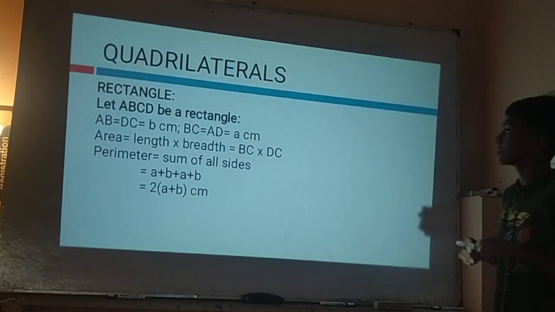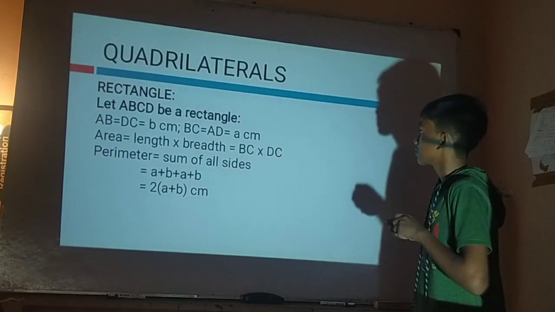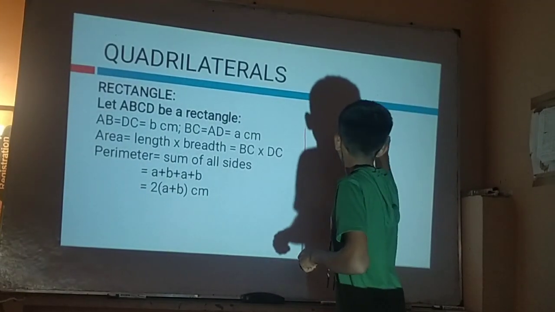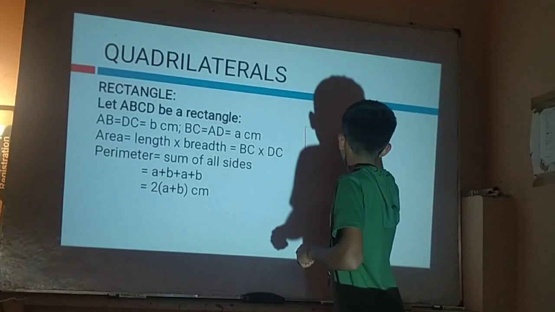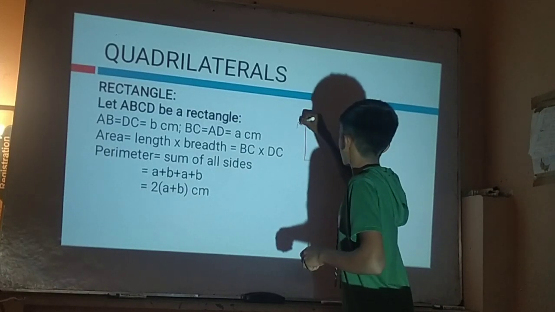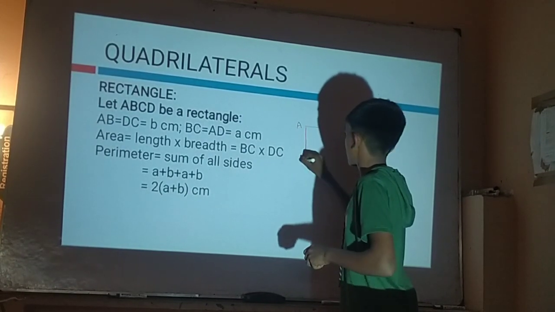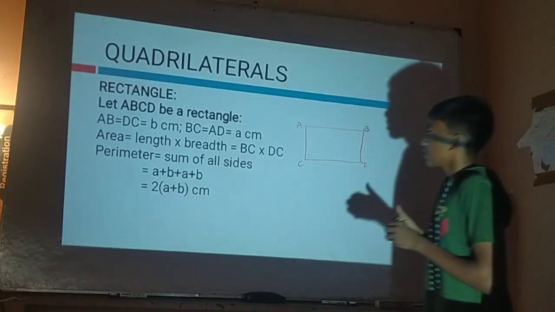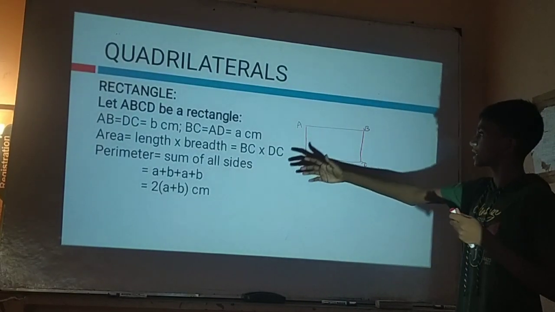The next quadrilateral is the rectangle. So as an example, let ABCD be a rectangle.